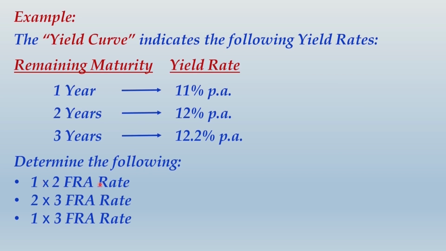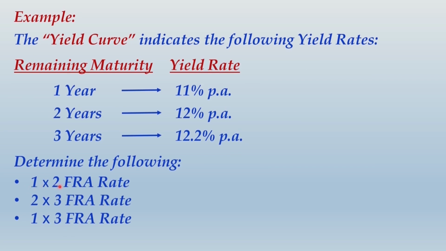So 1/2 FRA is the contract that will initiate after 1 year and will close after 2 years from now. So the period of borrowing will be only 1 year. That means the period of borrowing starts after 1 year end, and the borrowing period will end after 2 years end from now. That means the duration of the borrowing will be only 1 year. That is how we interpret 1/2 FRA rate.